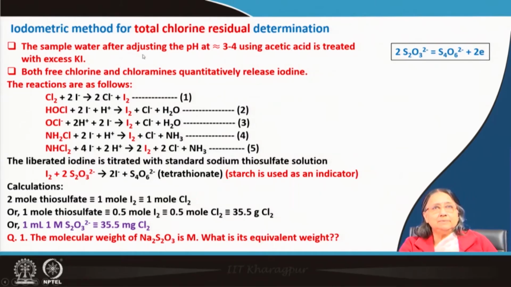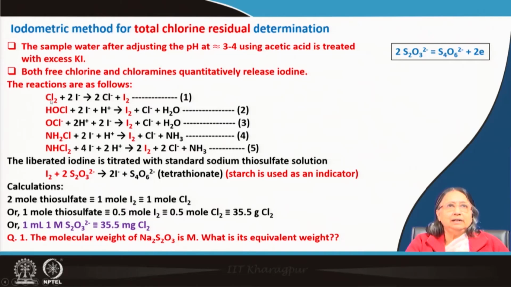So, we take some sample, for example 50 milliliter or 100 milliliter, and adjust the pH in this range using acetic acid. After that, we add KI in excess amount. Then you see here the reactions 1 to 5.